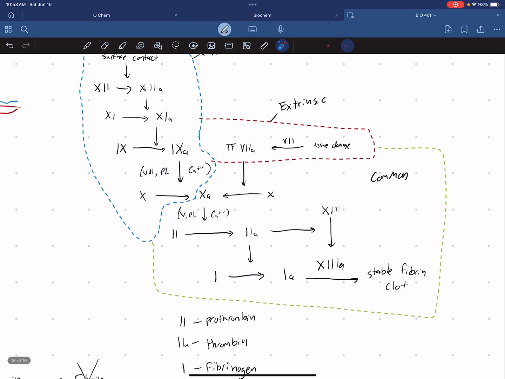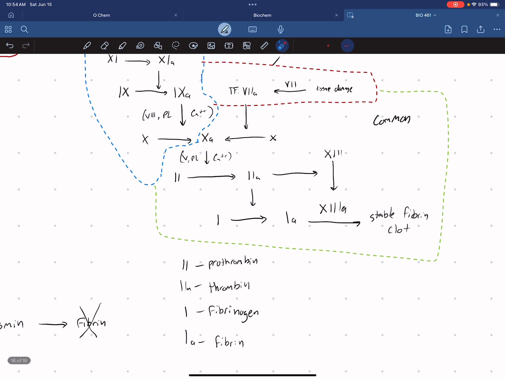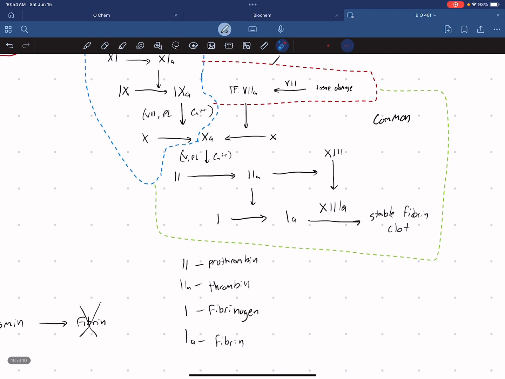We'll have 1 to 1A to a stable fibrin clot. So a few of these that we need to know is that 2 here is prothrombin, 2A is thrombin, 1 is fibrinogen, and 1A is fibrin.